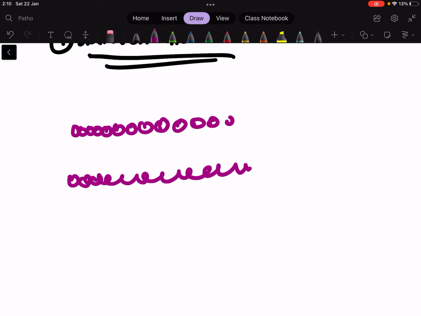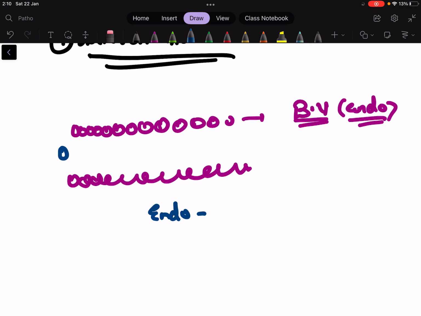This is the blood vessel, and it is lined by endothelium. So what happens when a neutrophil is going through this? Normally the endothelium is non-sticky. By non-sticky I mean the neutrophil is not going to stick to this endothelium because it does not have the adhesion molecules, or the sticky molecules.